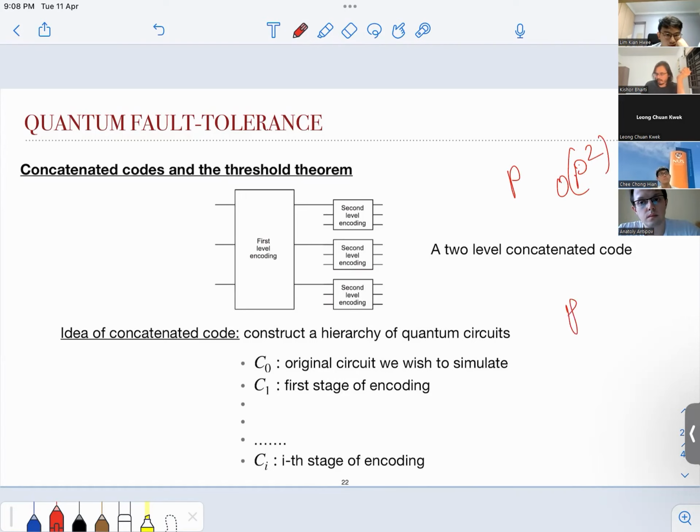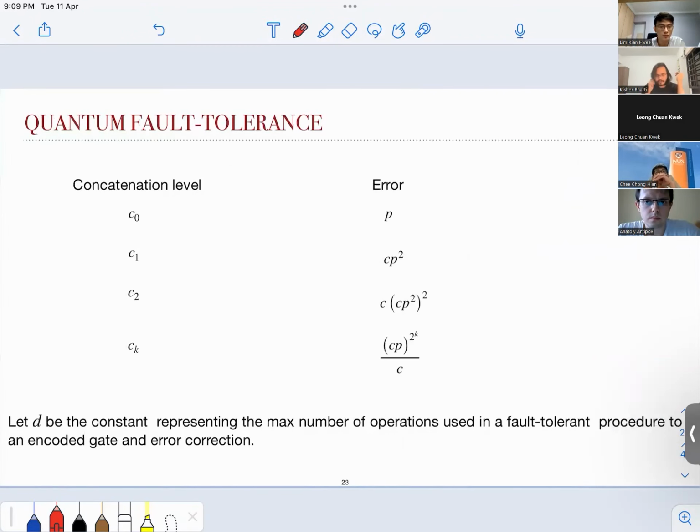And given P is greater than CP squared, if I go higher, again, I can follow the same procedure, and I can send this P squared to P^4, P^8, P^16, and so on. The error can keep on going down. So basically, let's say that initially, at level C0, the error is P, at C1 it is CP squared, at C2 it is this thing, up to the Kth level.